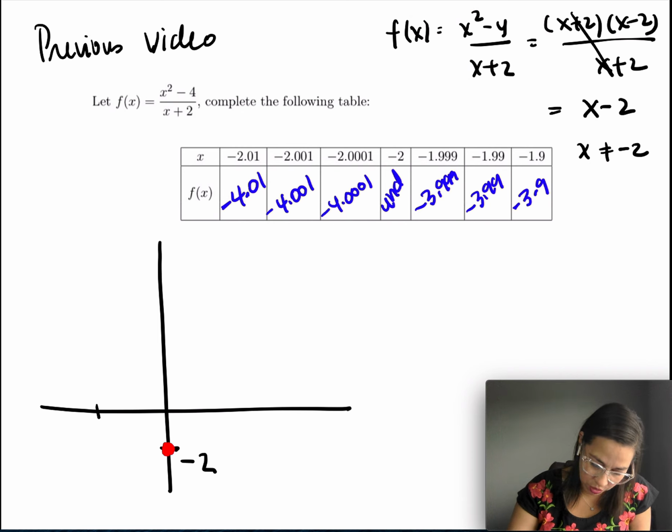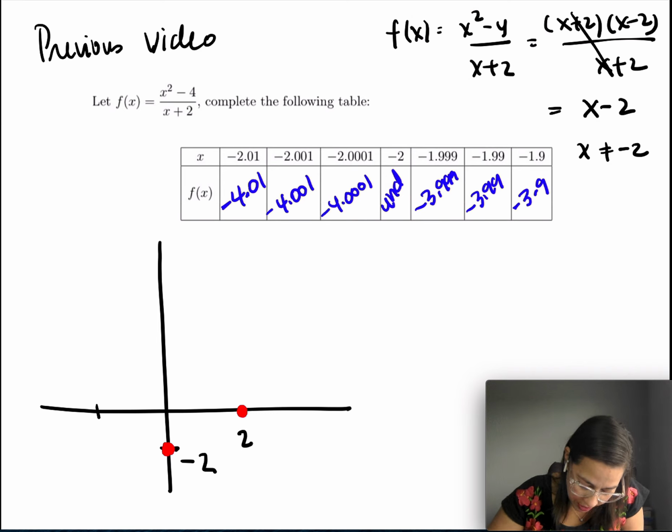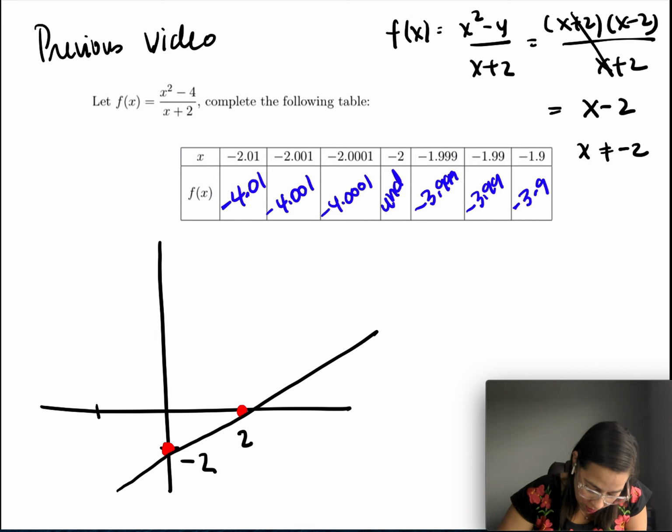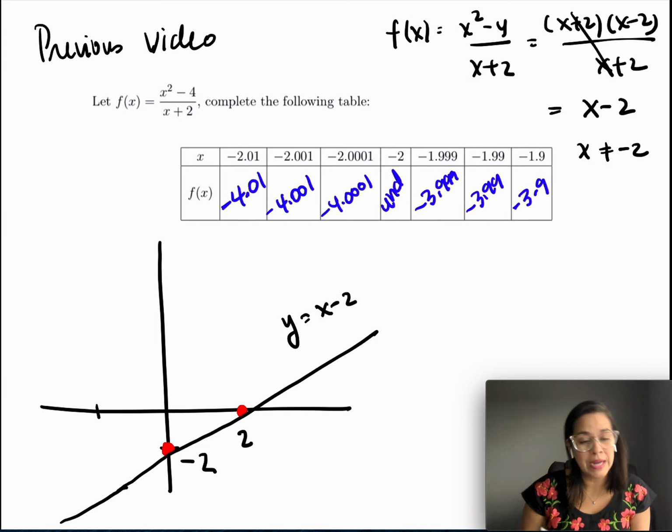So it goes through this point also. So then the graph of x minus 2 is just this graph, something that looks like that, going through those 2 points. I'm just going to draw the whole line. So this is y equals x minus 2.